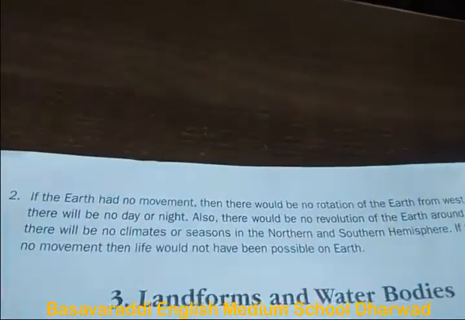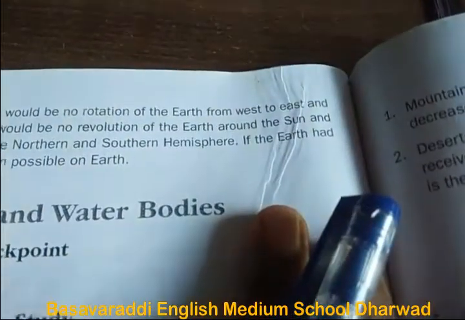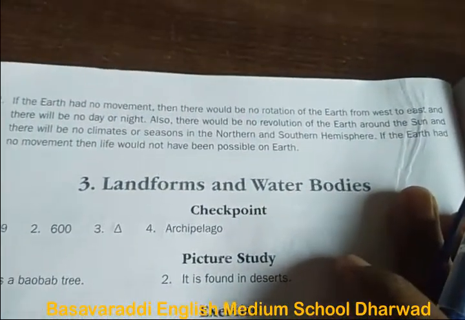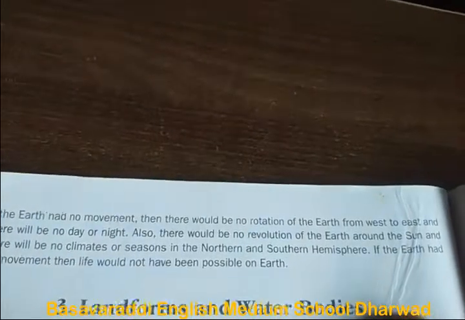See here. If the Earth had no movement, then there would be no rotation of the Earth from west to east, and there will be no day or night. Also, there would be no revolution of the Earth around the Sun, and there will be no climates or seasons in the northern and southern hemisphere.